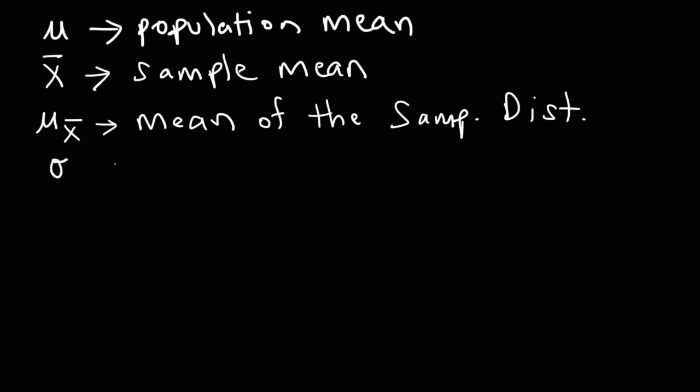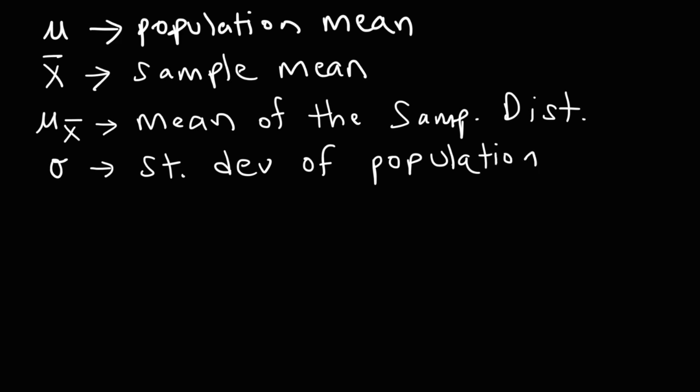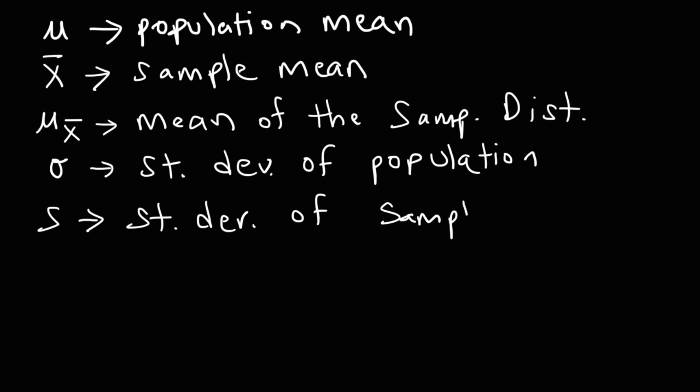Next is sigma. This is the standard deviation of the population. S represents the standard deviation of the sample, not the sampling distribution.